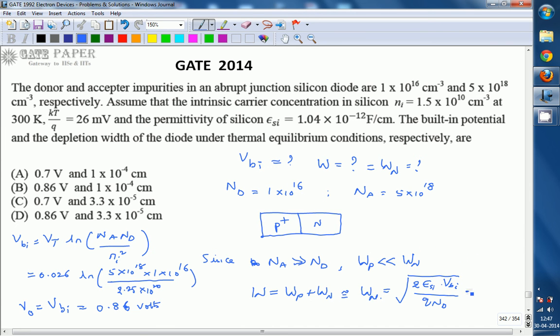All the values are known, and you substitute them. Then the W value is going to be 3.4 into 10 power minus 5 centimeters.